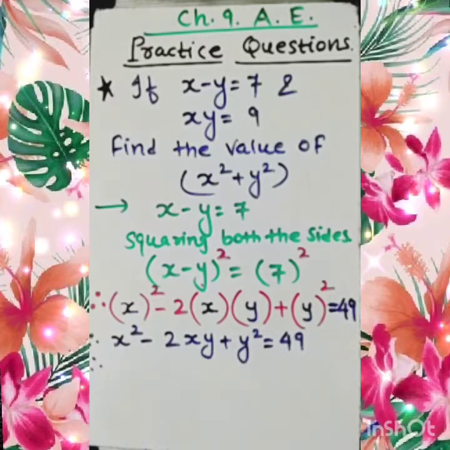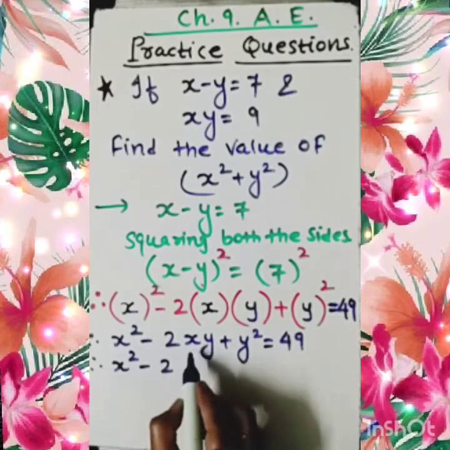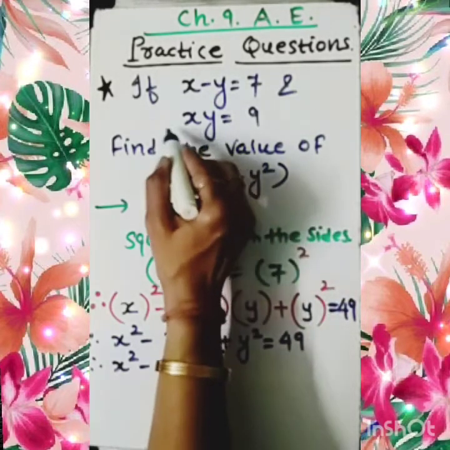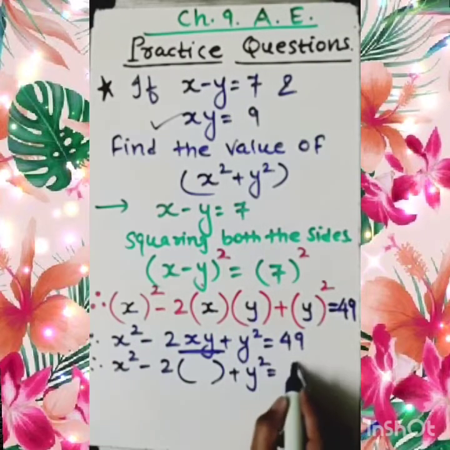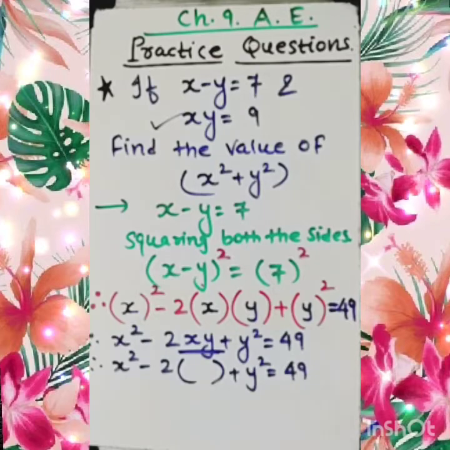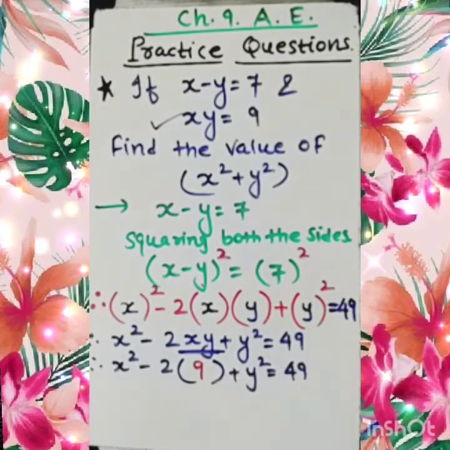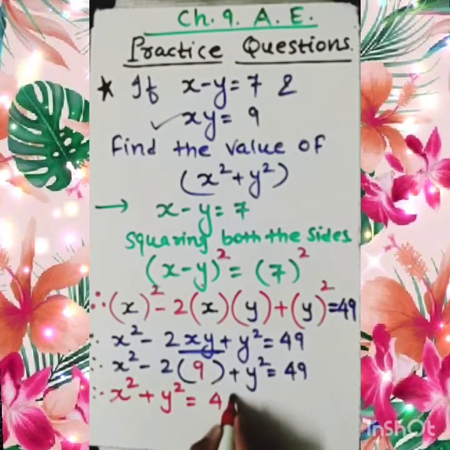Therefore, dear student, now what we are going to do? We need to put the value of xy, which is given in the question. xy equal to 9. That value I am going to put here in place of xy. As we know, x square plus y square equal to 49 is already this side.